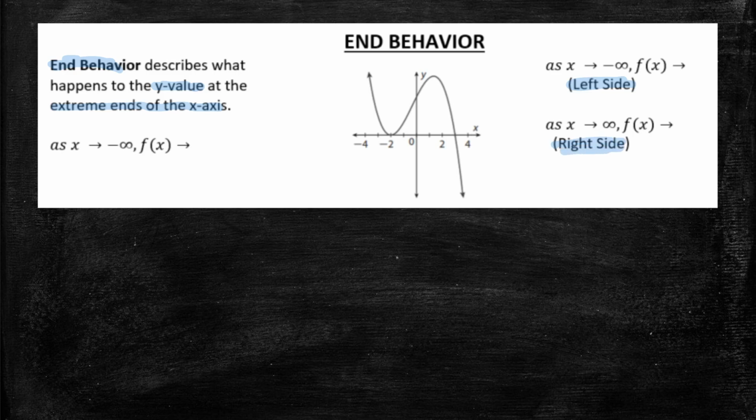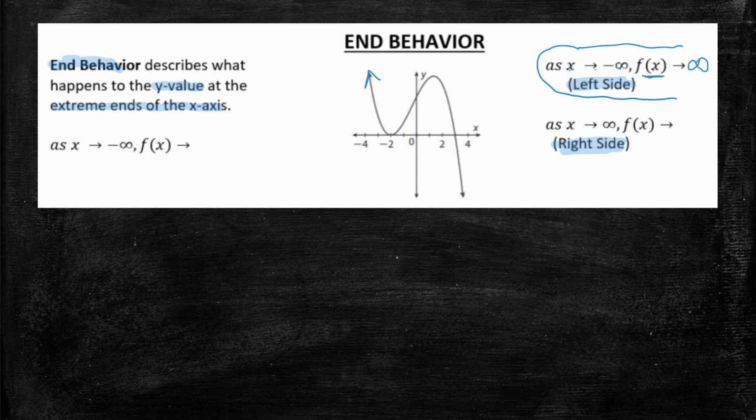Now, notice what we have written here, because this is going to be the same every time. So how we read this is it says, as x approaches negative infinity, f of x approaches what? Well, when it's on the left side, it's going up, and so we're going to say that y value, f of x, approaches positive infinity.